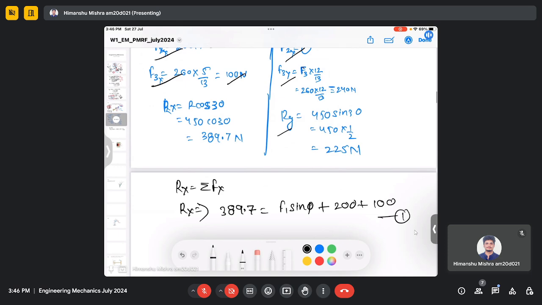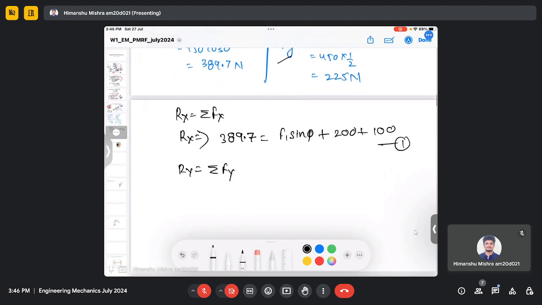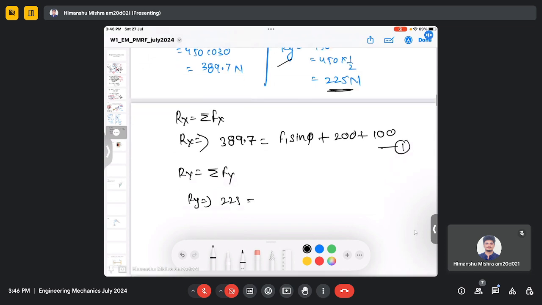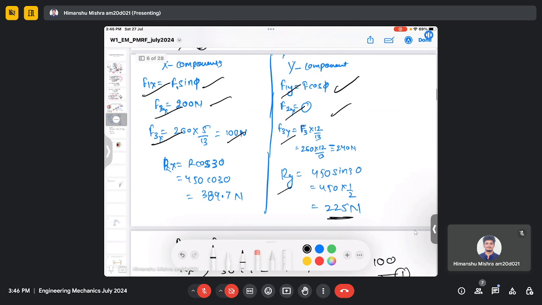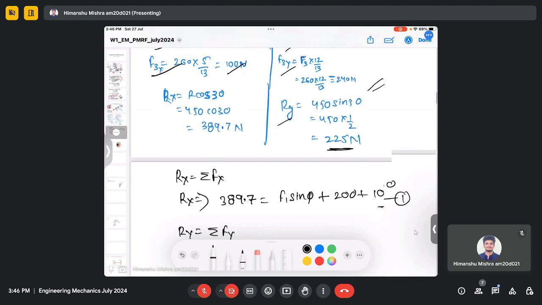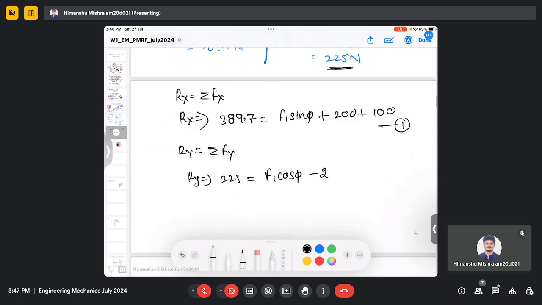So this is my equation 1. And my equation 2 will be Ry, which is the summation of all the forces in the y direction. So my Ry is 225 Newton equals the summation of all these forces. It is F1 cos phi, F2y is 0, and F3y is minus 240. So this is my equation 2.